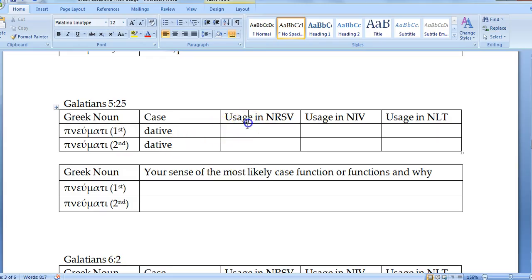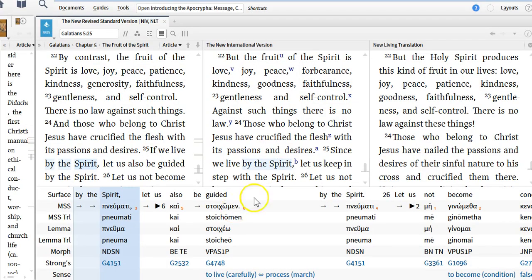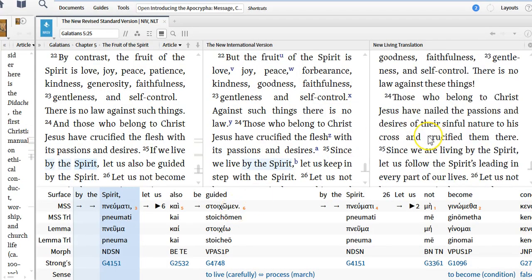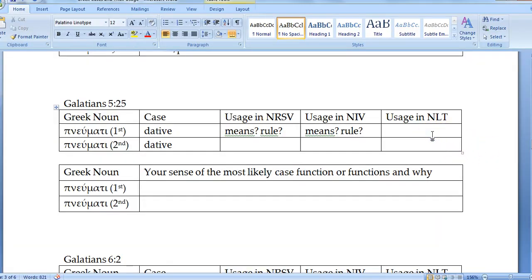So we could understand this first instance in either of these two translations as a dative of means, or perhaps a dative of rule. And then in the NLT, we find simply by the Spirit again. So we would probably find the same sense there.